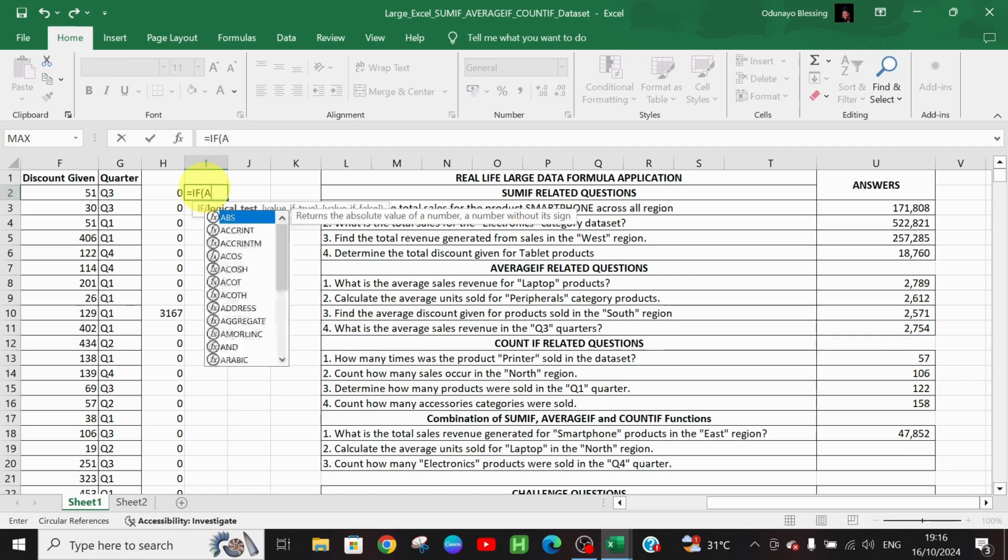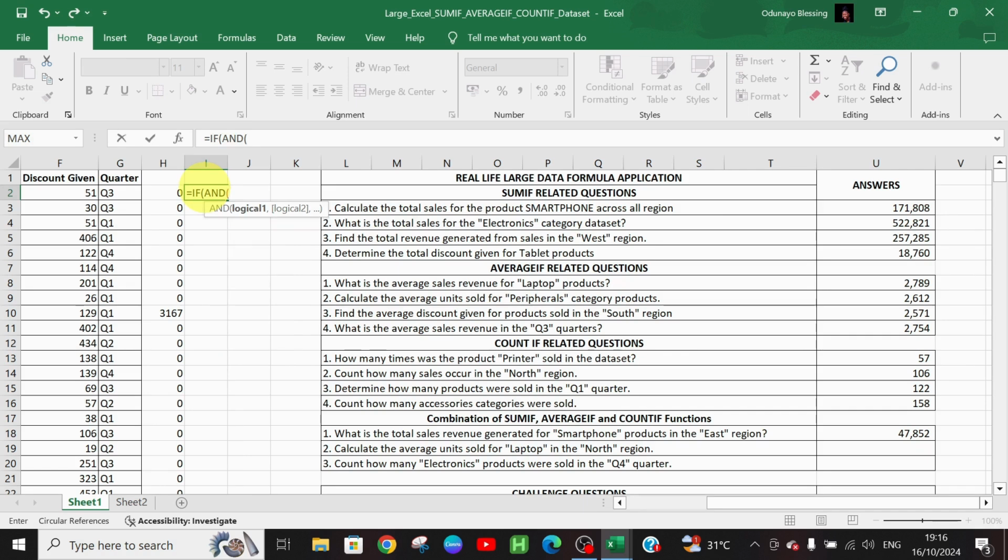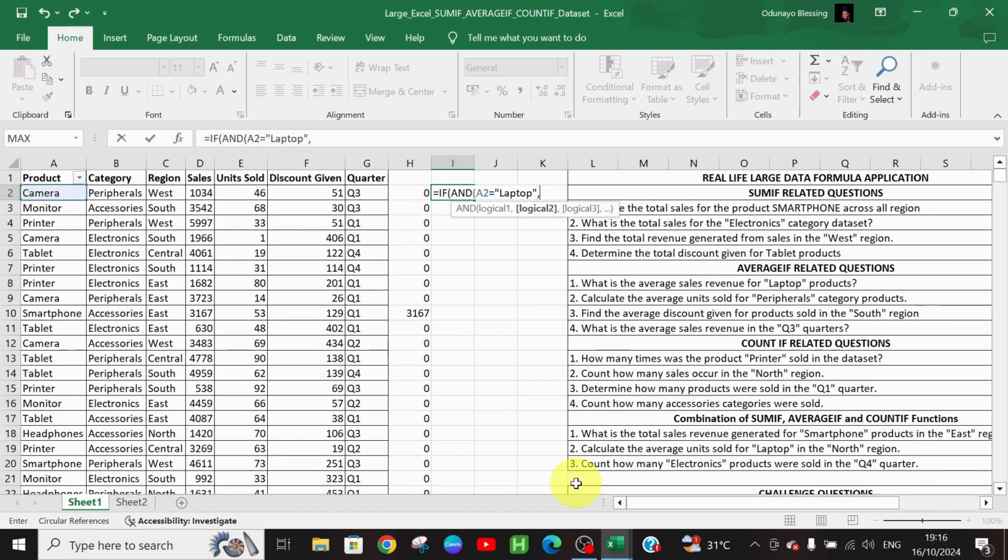So if AND, meaning if the product in A2 is equal to laptop, and the region in C, C2, is equal to not. So the logical statements are already captured.